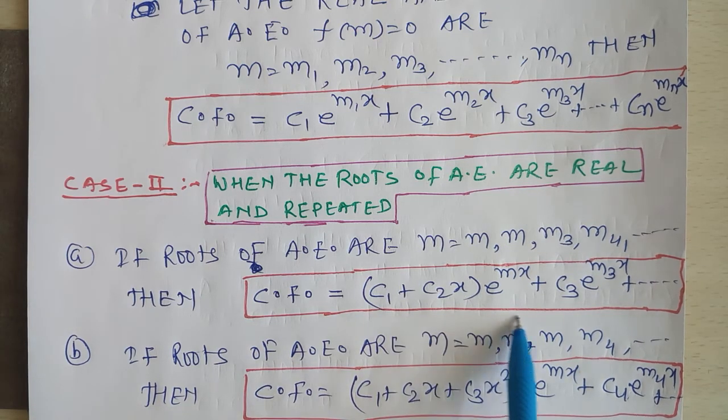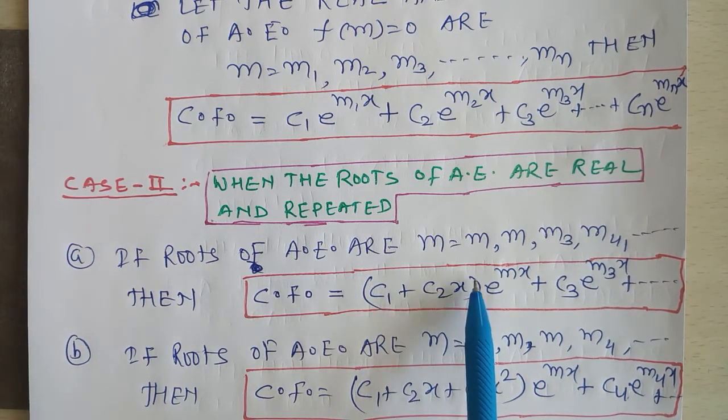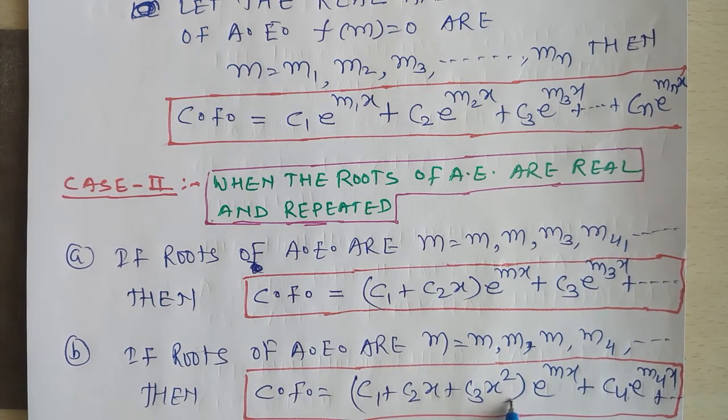So for two repeated roots, two constants together; for three repeated roots, three constants together. Similarly, if four roots are repeated, we write (C1 plus C2x plus C3x square plus C4x cube) multiplied by e power mx. This is the way we write the complementary function for real and repeated roots.